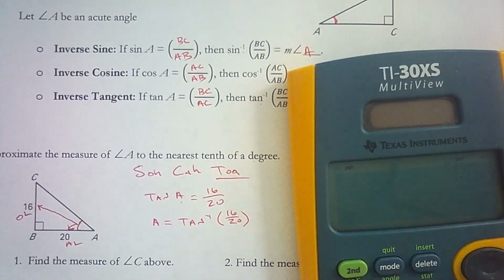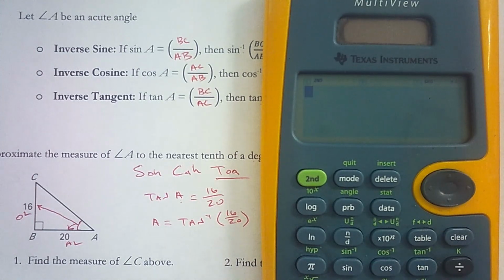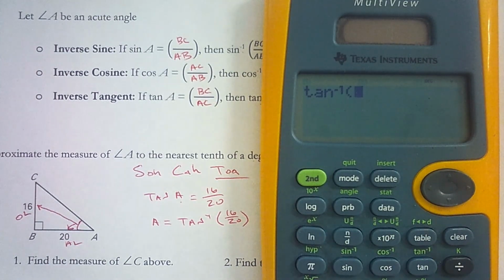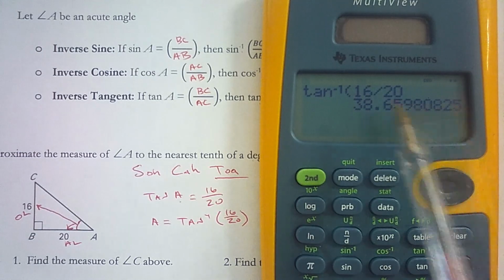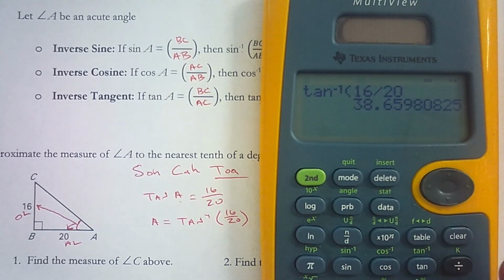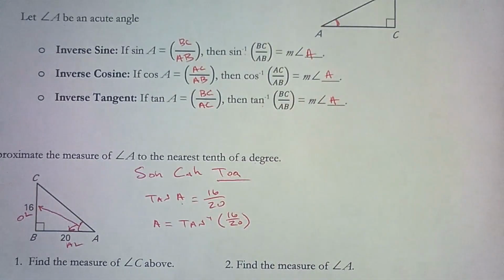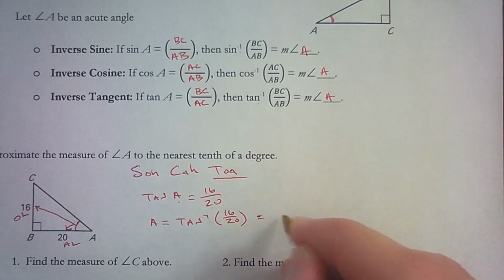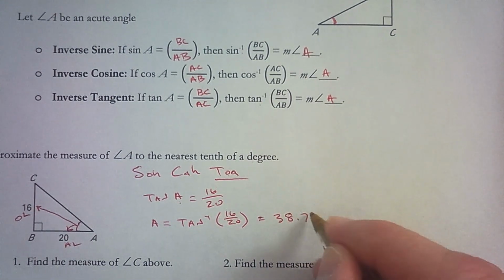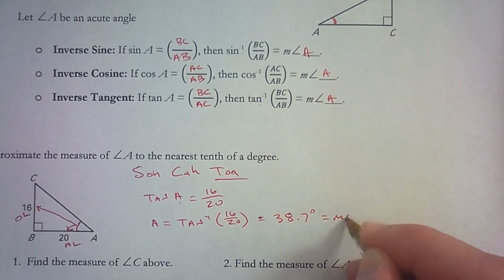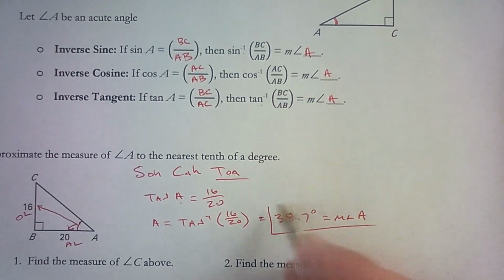And we type second tangent to get this little inverse tangent here. So second tangent, 16 over 20. And we get 38.65, so about 38.7 degrees. And that is the measure of angle A.